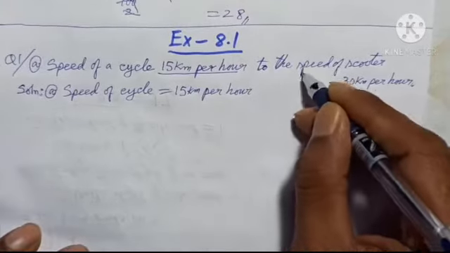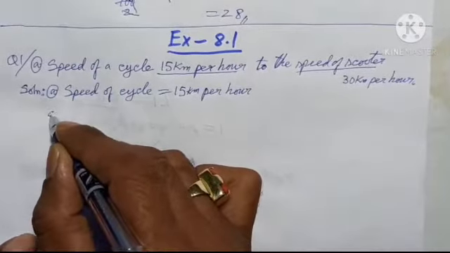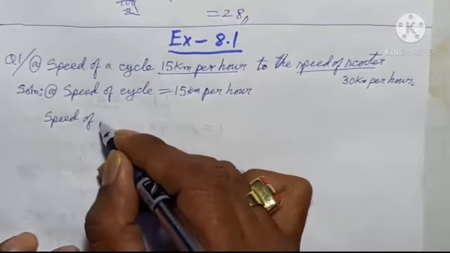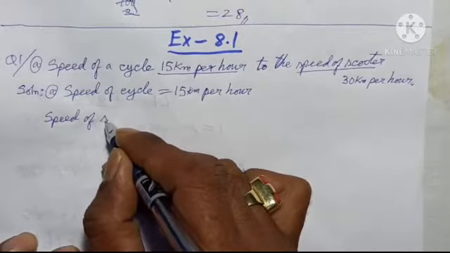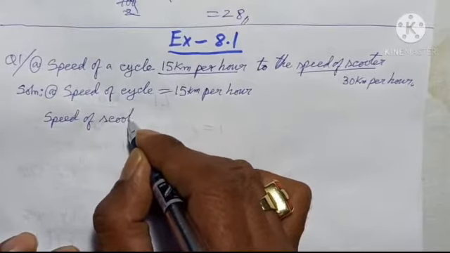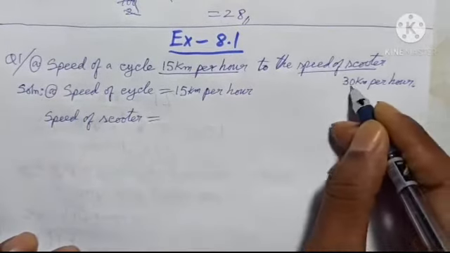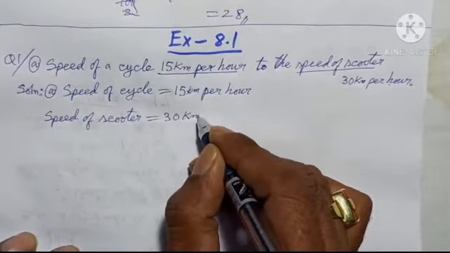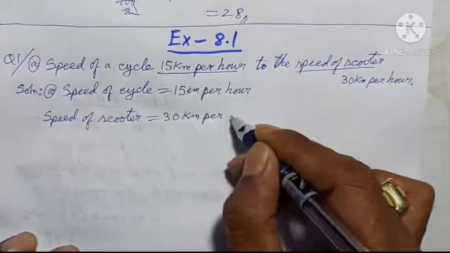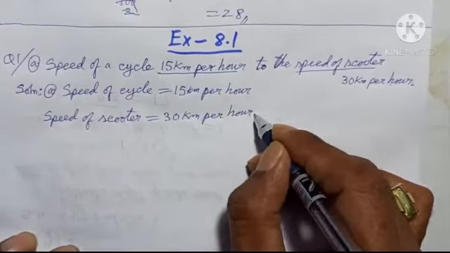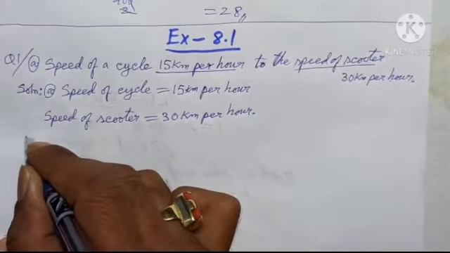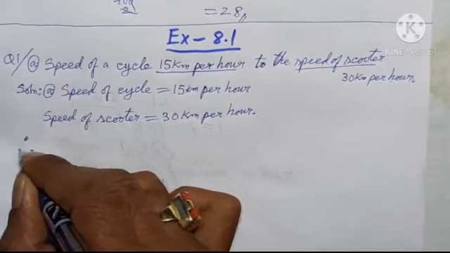Next, let's write speed of scooter. Speed of scooter is 30 km per hour. Next we have to find our speed ratio.